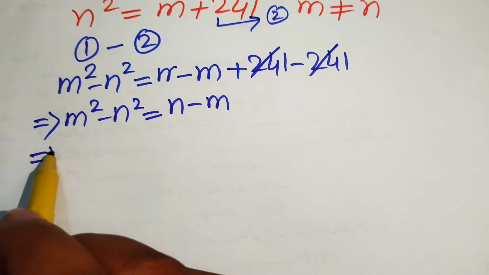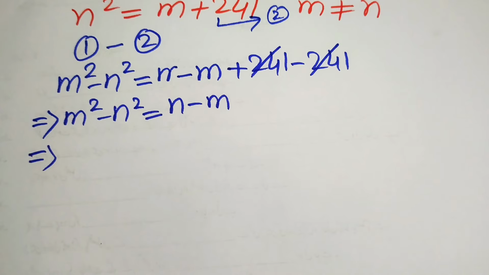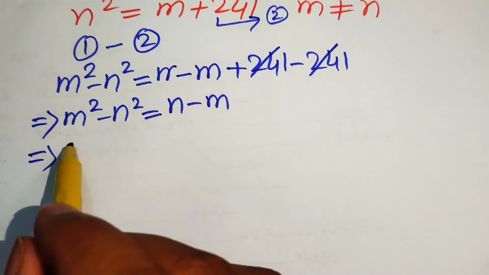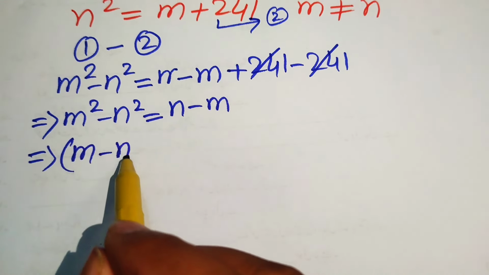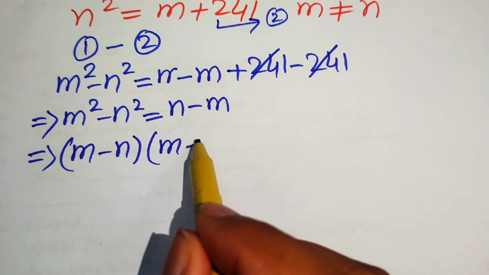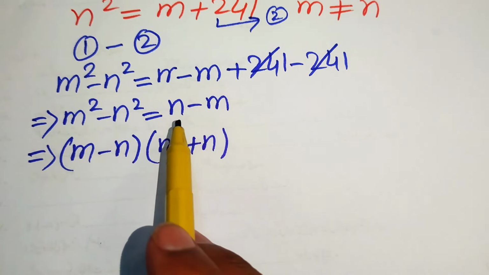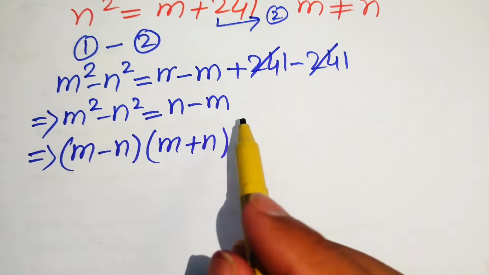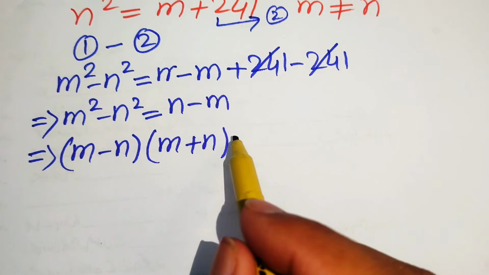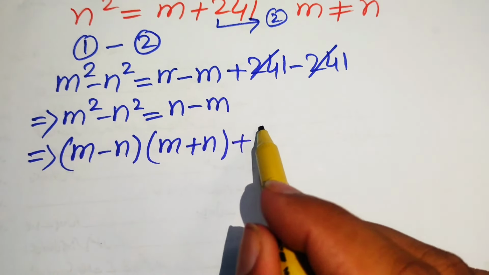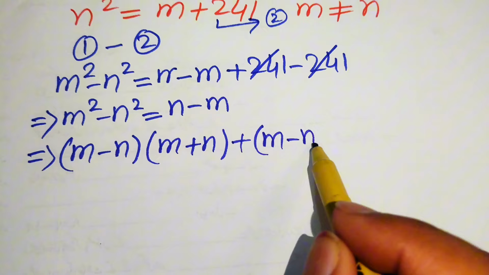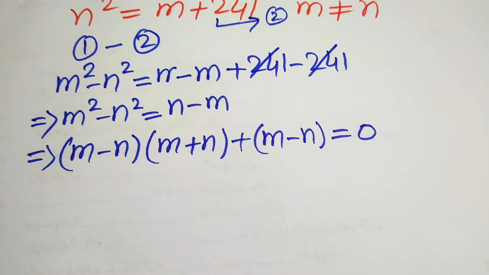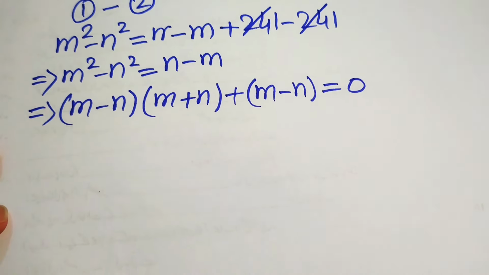You know that m square minus n square is a very well known identity, and it equals m minus n times m plus n. We have this n minus m, so we move it to the left hand side and it becomes plus m minus n, and this whole equation equals 0.